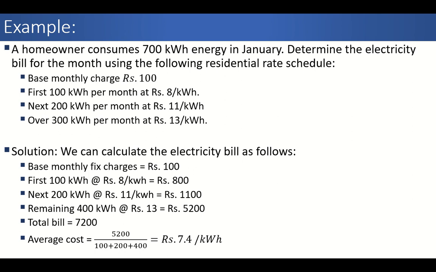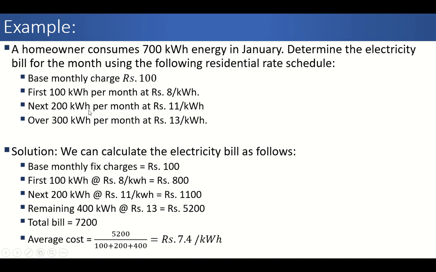So let's see an example. A home owner consumes 700 kilowatt hour energy in January. Determine the electricity bill for the month using the following residential rate schedule. Base monthly charge rupees 100. Let's suppose there are fixed charges for the meter or maybe taxes, so it is 100. The first 100 units per month are at rupees 8 per unit.